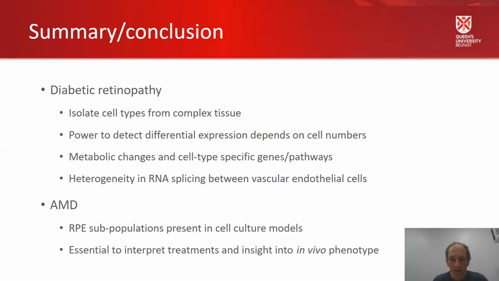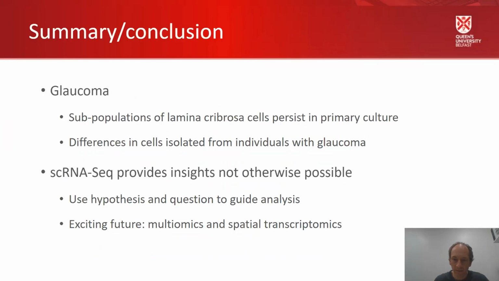So in the AMD study looking at RPE cells in culture, this really clarified the system for us and showed that there were subpopulations present in cell culture, which these single cell experiments have now enabled us to interpret the experiments more effectively and also have insights into the in vivo phenotype.